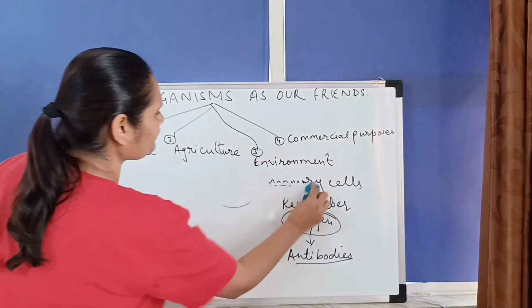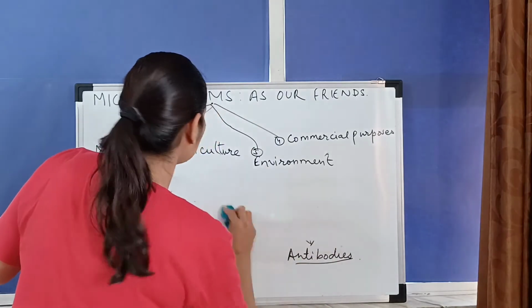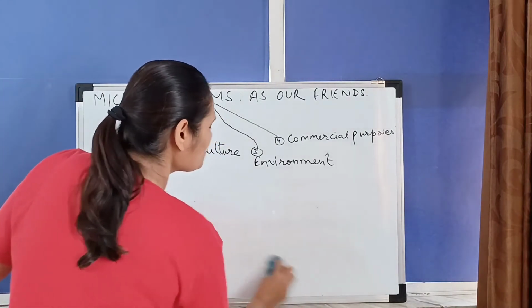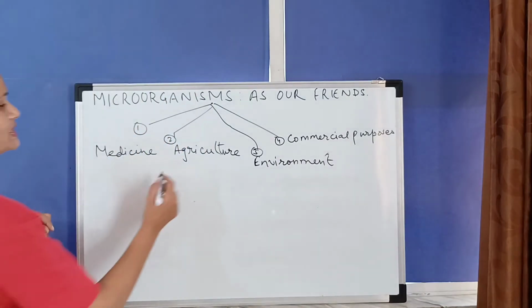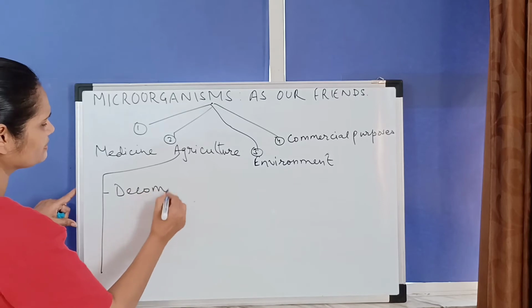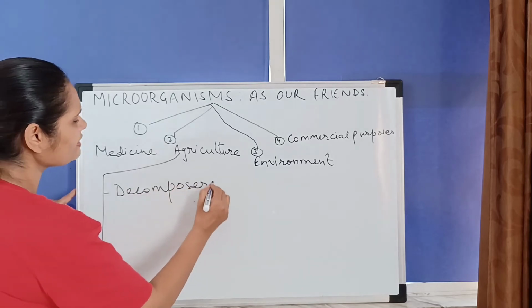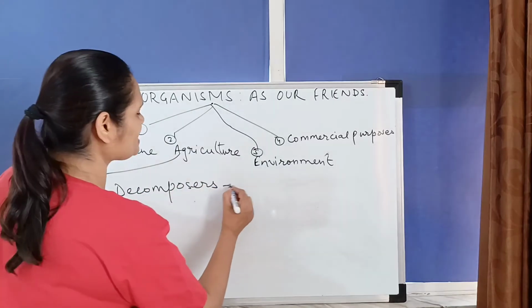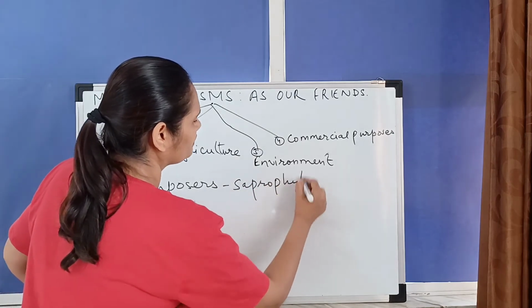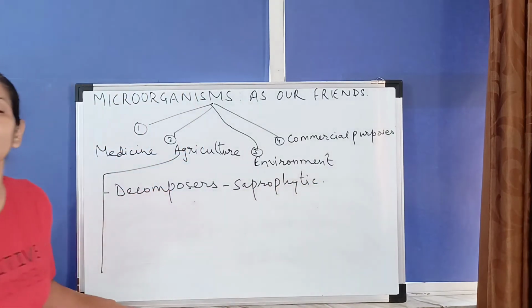Okay. Now the next is the agricultural use of the microorganisms. So we know that decomposers are there. Decomposers are microorganisms. They have a saprophytic mode of nutrition.